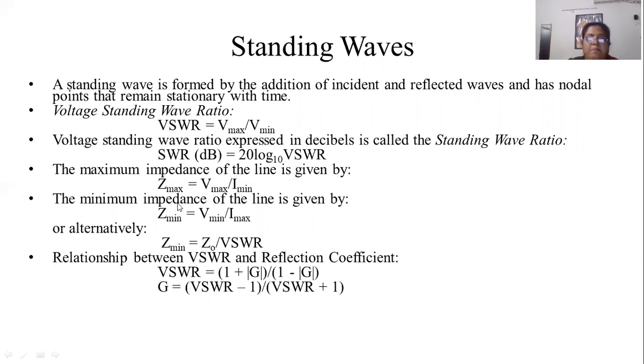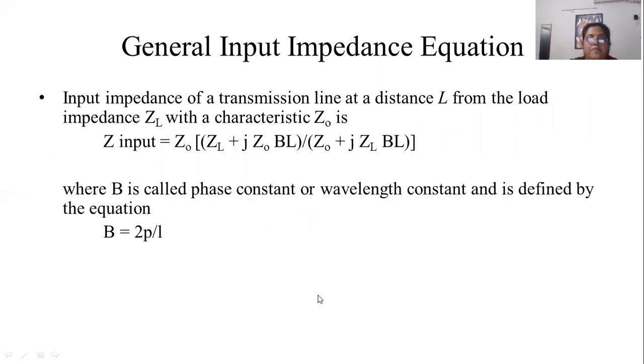The minimum impedance of the line is given by Vmin upon Imax, or Zmin is equal to Z0 upon VSWR. The relation between voltage standing wave ratio and the reflection coefficient is given by the formula VSWR = (1 + |Γ|) upon (1 − |Γ|), or Γ = (VSWR − 1) upon (VSWR + 1).